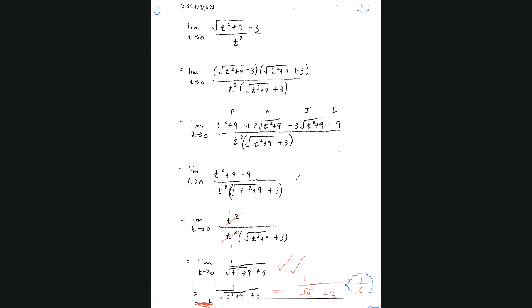Generally, if you have the square root of a function minus a number, something like that, then multiplying by the conjugate is what you need to do. When you get enough practice, you're going to get a feel for this. Okay, let's move to our next example.